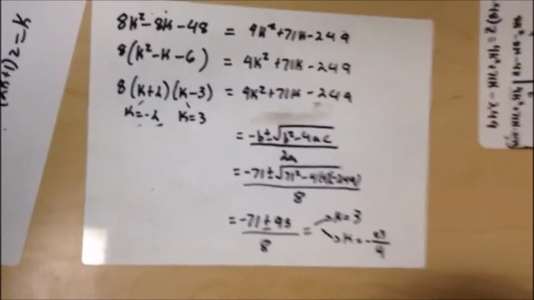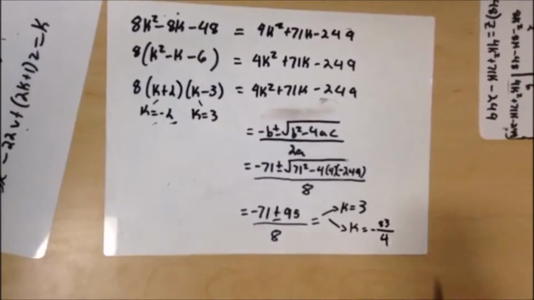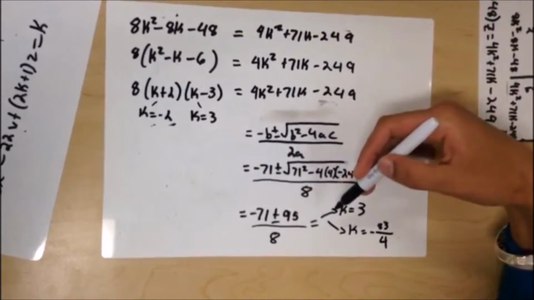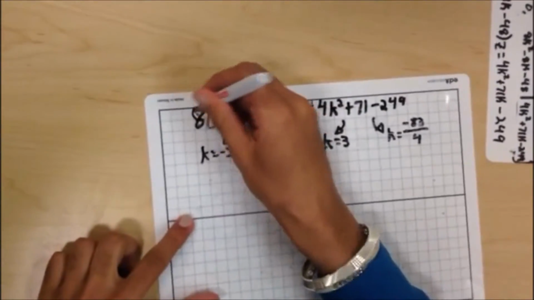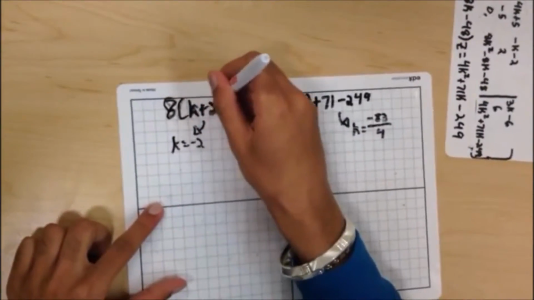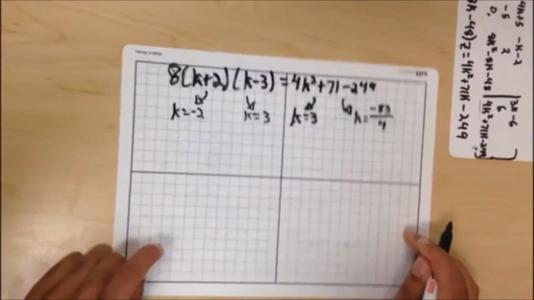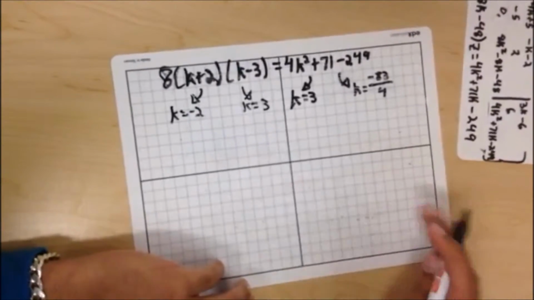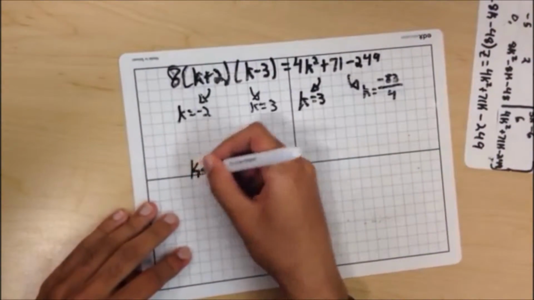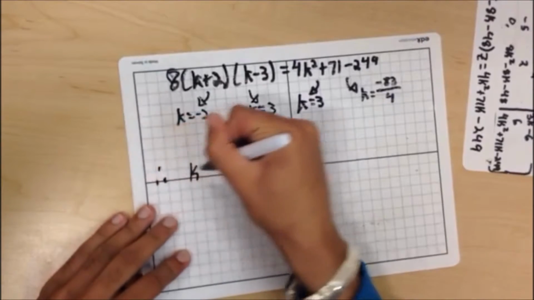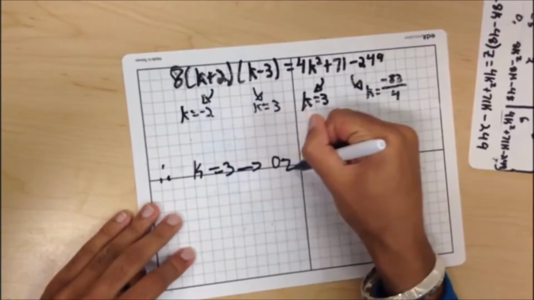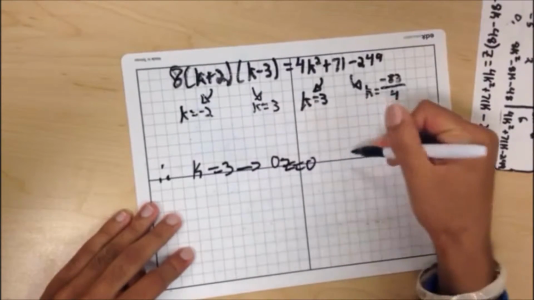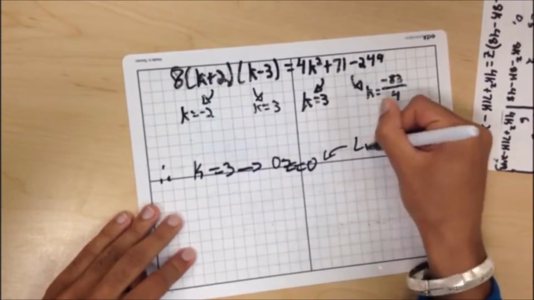So from here we see that when k is equal to 3, both sides of the equation become 0. Therefore k equals 3 will lead to 0z equaling 0, which basically means it's a line solution.